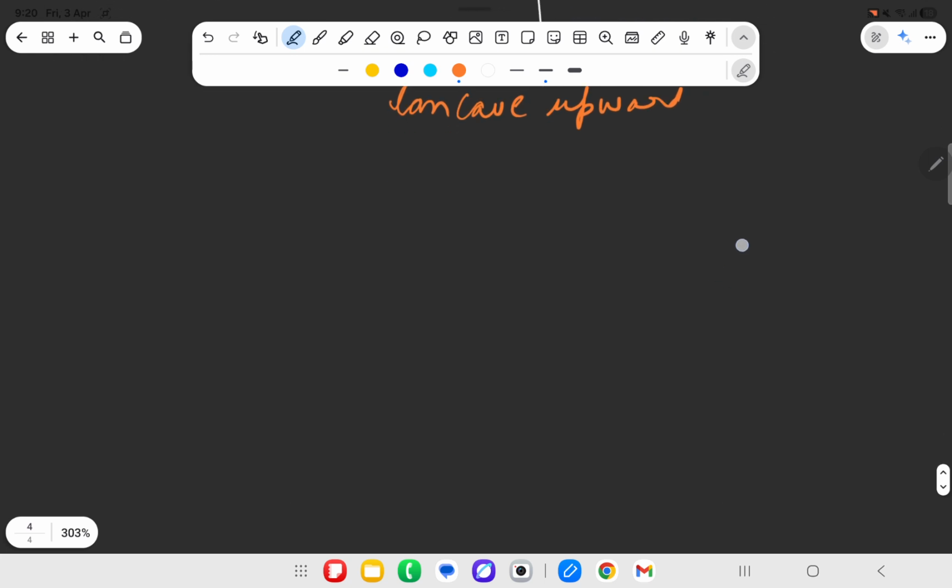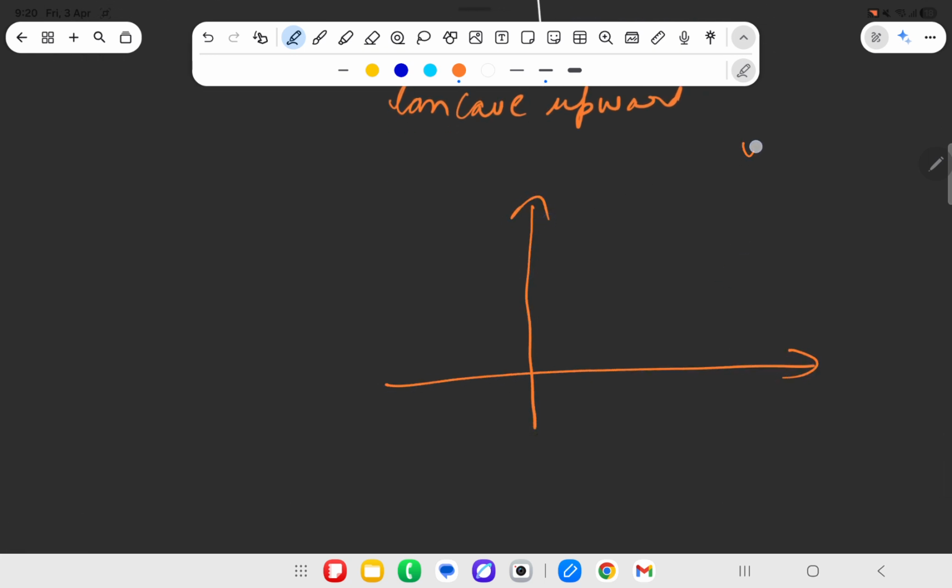Similarly, if y double dash, that is second order derivative, is less than 0, then the graph will look like that, see. Again in this case, if there is water, clearly no single drop stays on this curve, it falls down due to gravity.